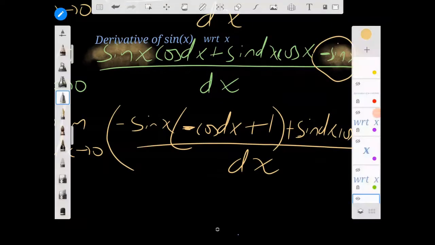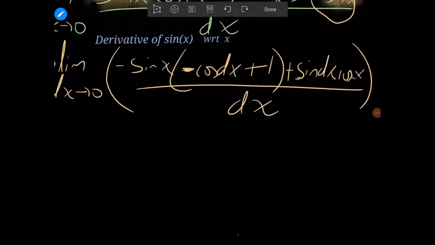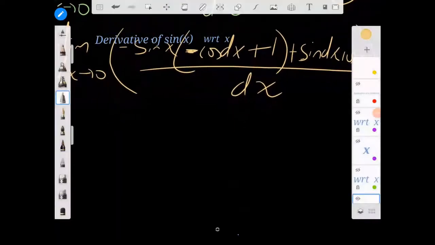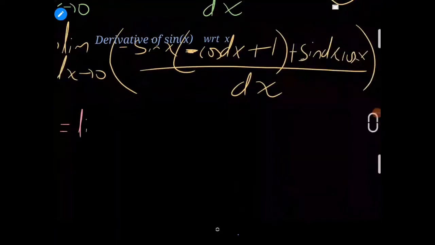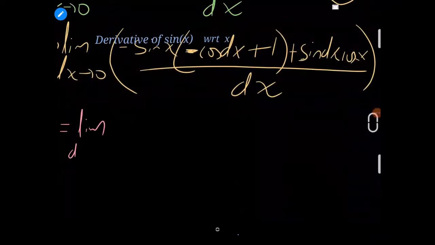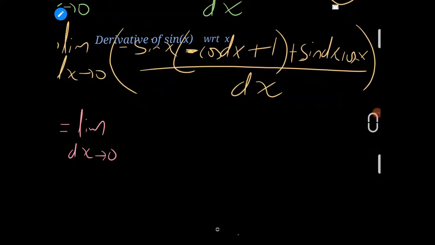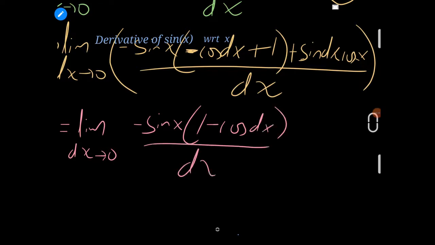Now we are going to split the limits, so it will be the limit as dx goes to 0 of minus sine x times 1 minus cos dx, I'm rearranging the terms, whole divided by dx.